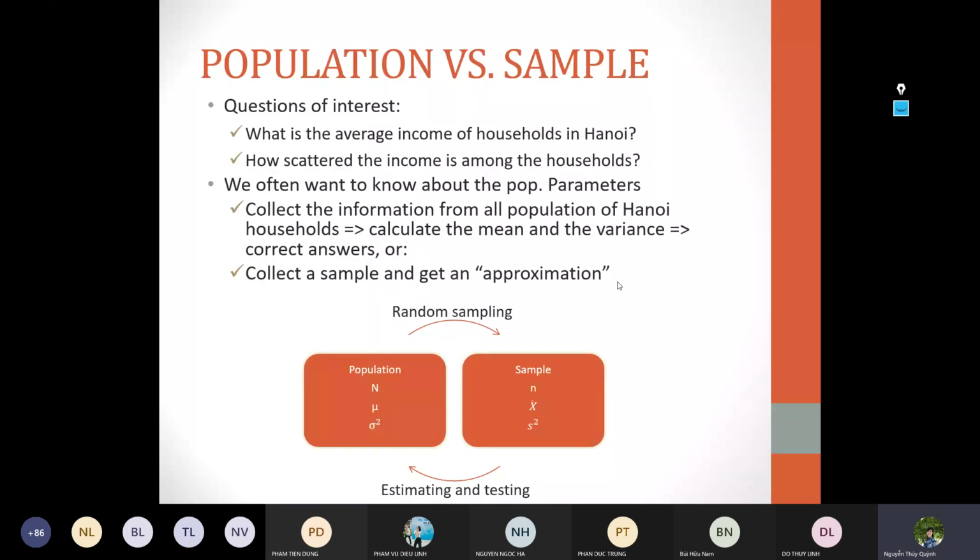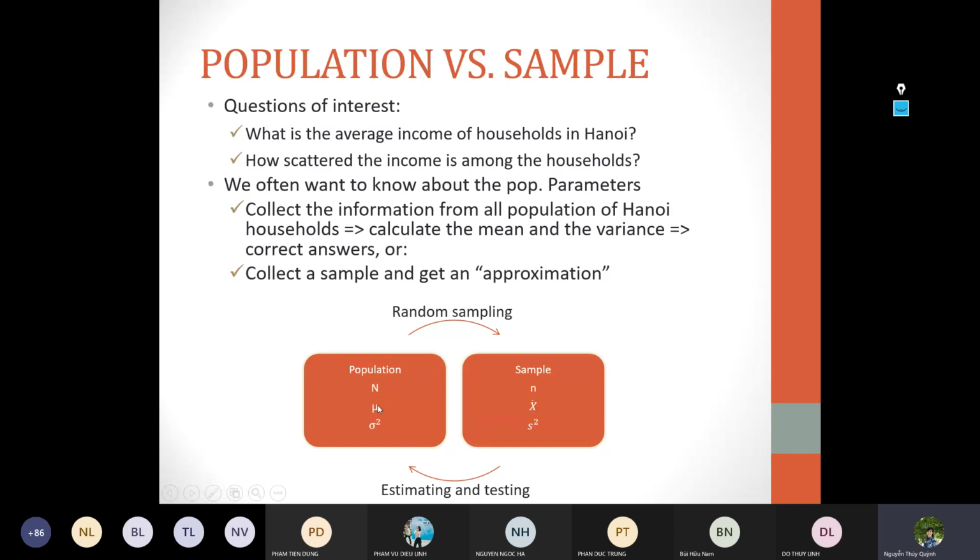Here you can see the relationship between population and sample. The population has parameters like the number of observations, big N, the population mean, and the population variance.